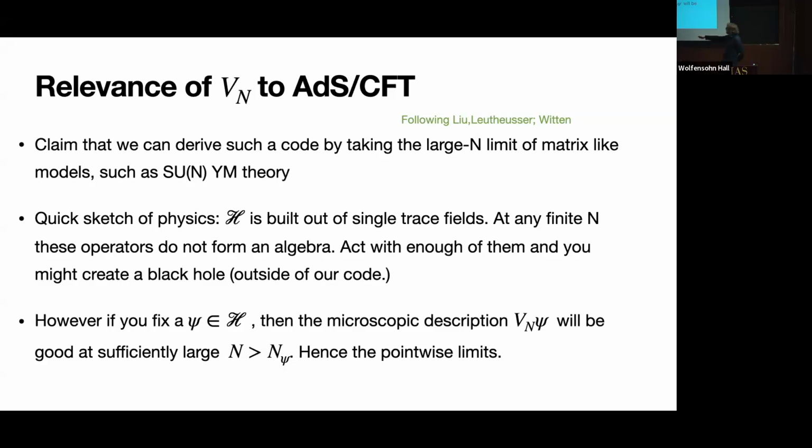However, if I fix some state in this Hilbert space, which again is created by these single trace fields, any number of them, but a fixed number of them, then this state, if I now map it to the physical Hilbert space, will be a sufficiently good representation of the physics at some sufficiently large n. And that n will depend on the input state psi. And that's why you naturally get these pointwise limits.